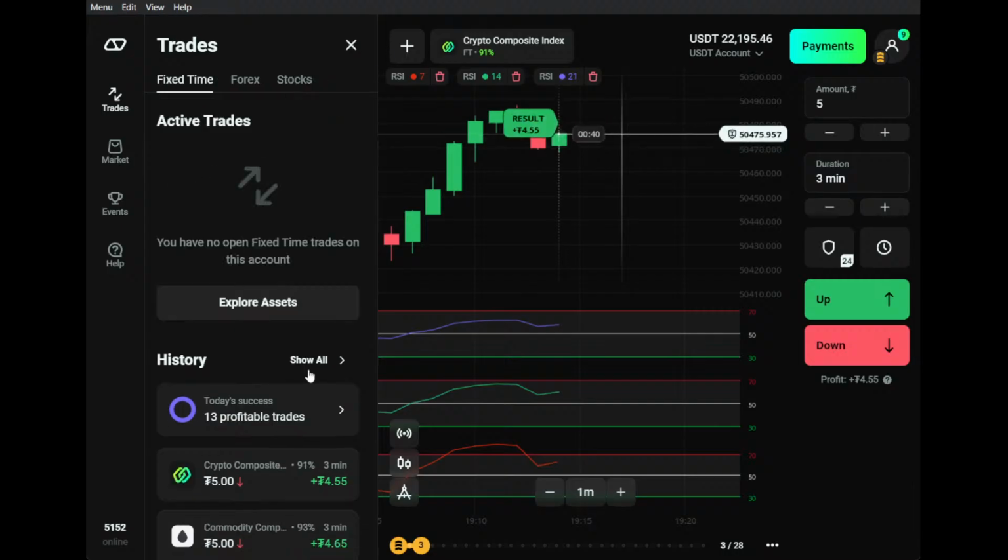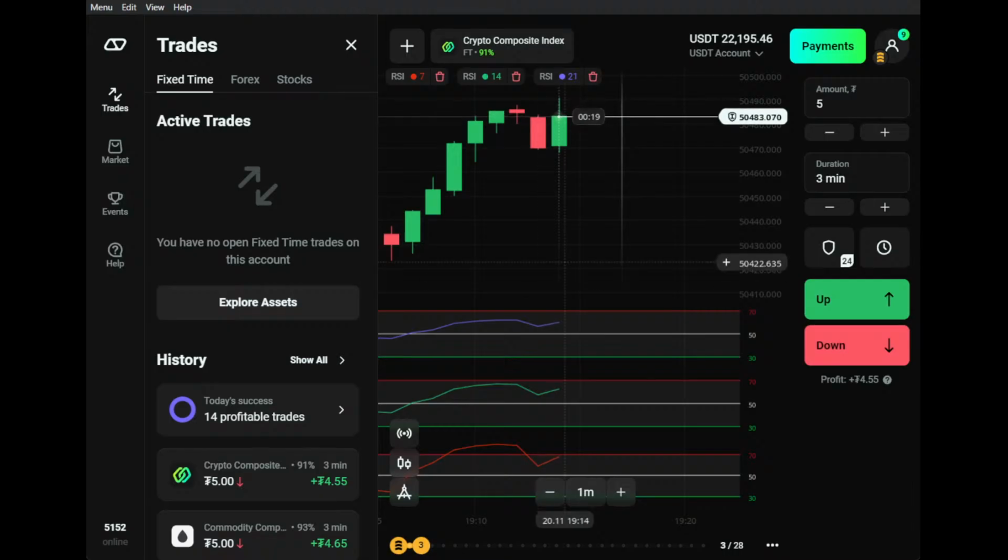All right, great. So this trade is again positive. Now let's just check what amount I started trading on. I started on 22,132. My balance was 22,132. And let's check what it is now. It's 22,195 minus 22,132 and that gives you a $63 profit.